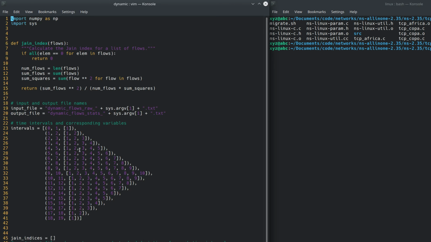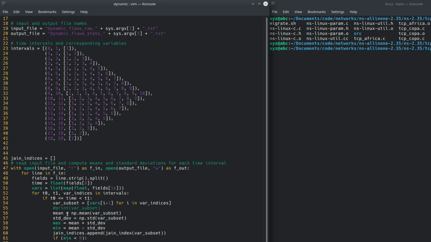Okay, and we're going to be computing some statistics with these flows. Basically, we're going to be measuring the mean. We're going to have 10 flows, and we're going to compute their mean, and also their standard deviation. Okay, and we're going to be doing that because we want to plot the range within one standard deviation from the mean.